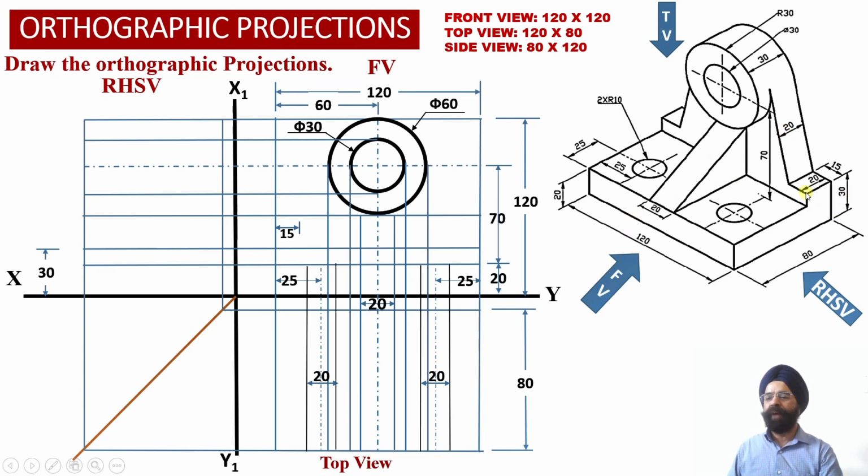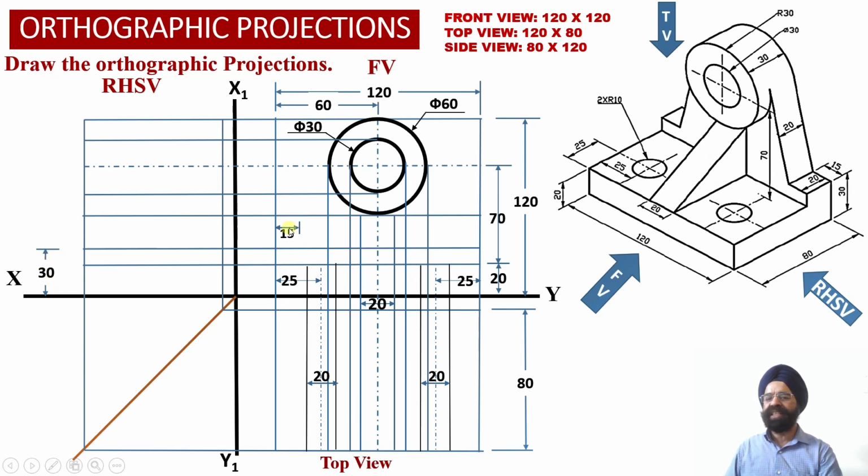So we have been provided with the dimension that the stepped surface has a height equal to 30 millimeter from the ground, while the width of the stepped surface happens to be 15 millimeter from the right hand side face and 15 millimeter from the left hand side face at a height of 30 millimeter from the ground.